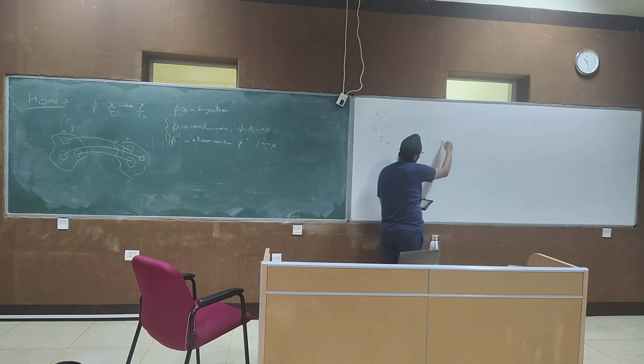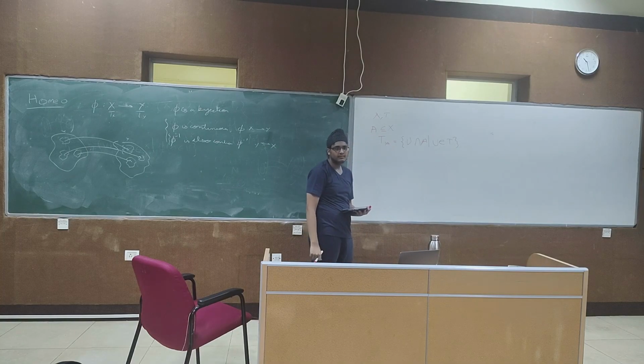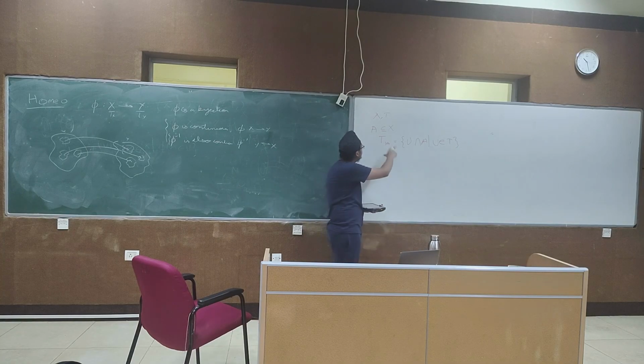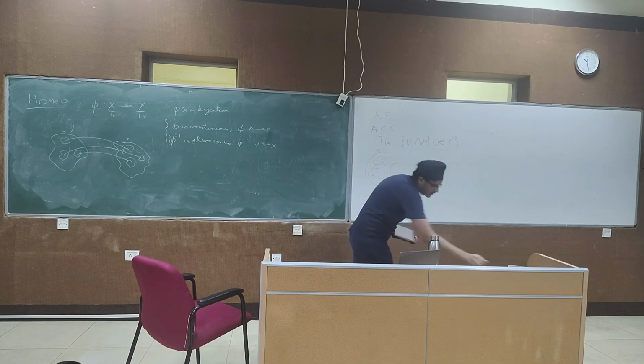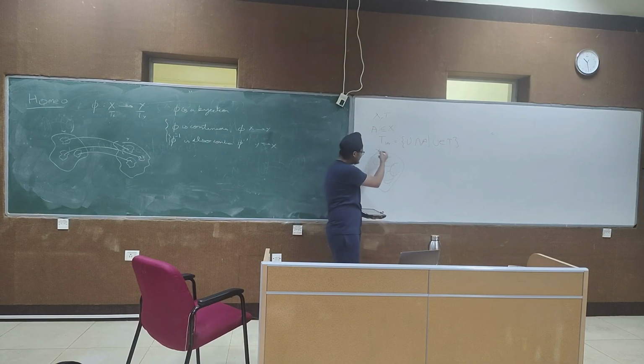you take all open sets belonging to the topology and perform their intersection with A. So you have a set X and it has a topology, at least it has some open sets like this, and you want to induce a topology on its subset, a set like this.